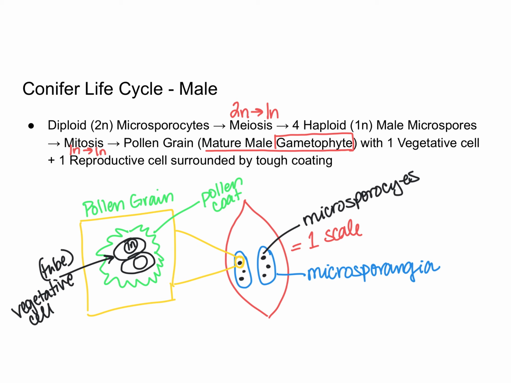The other cell is a reproductive cell, because it is ultimately going to fertilize the egg of the female gametophyte.